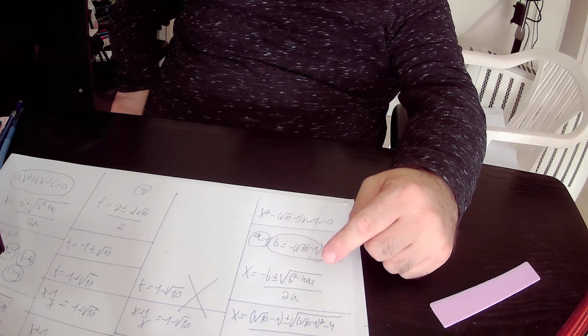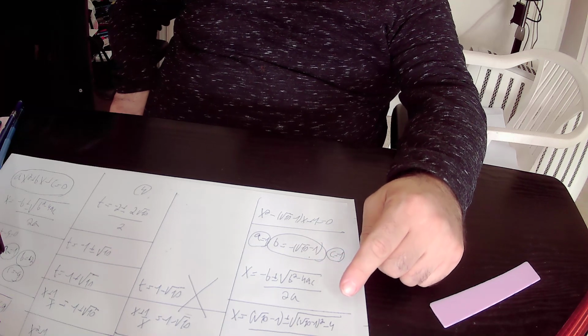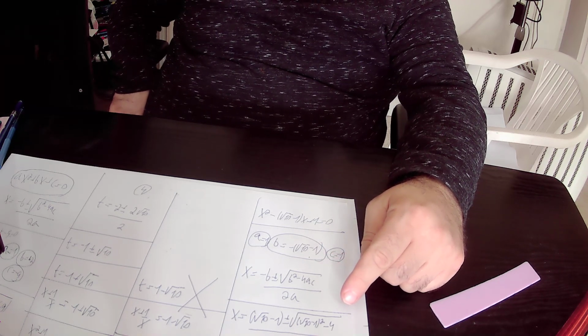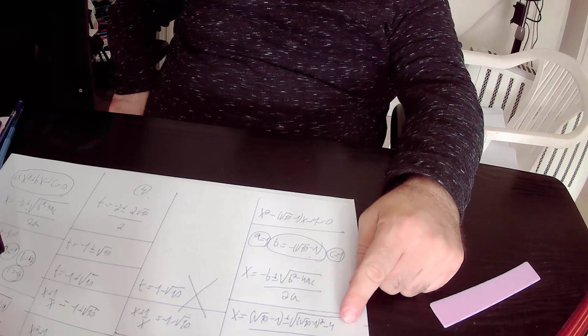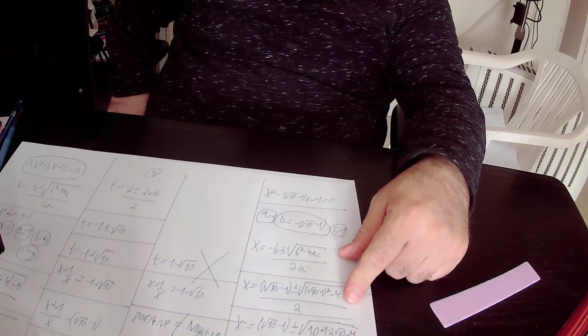B squared is square root of 10 minus 1 squared minus 4ac. A is 1, c is 1, so minus 4ac is minus 4, all divided by 2.